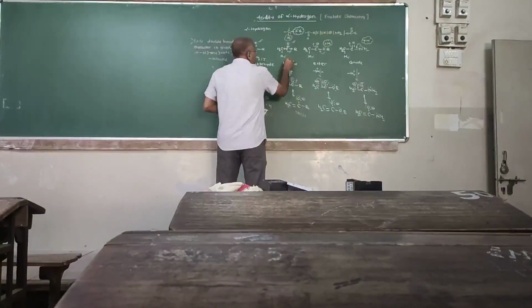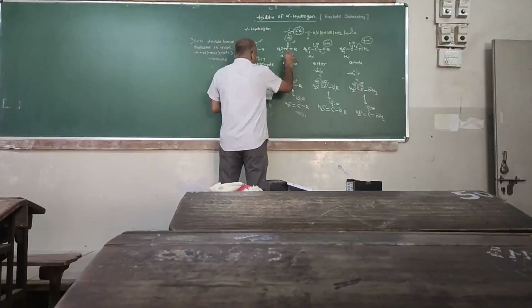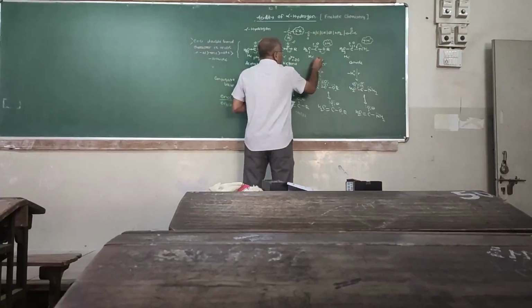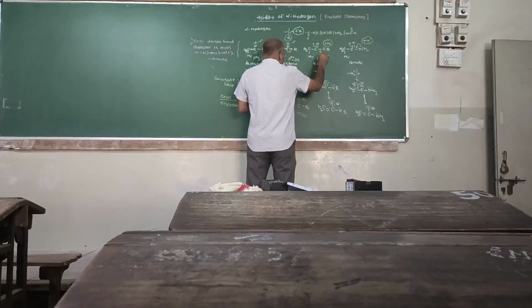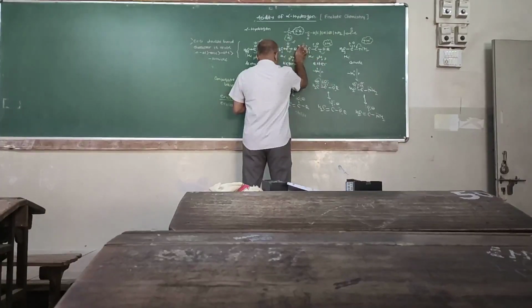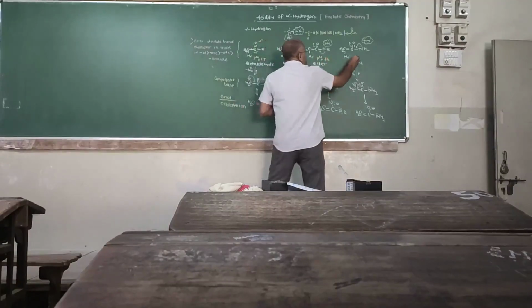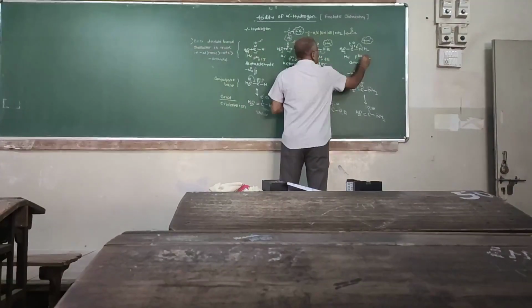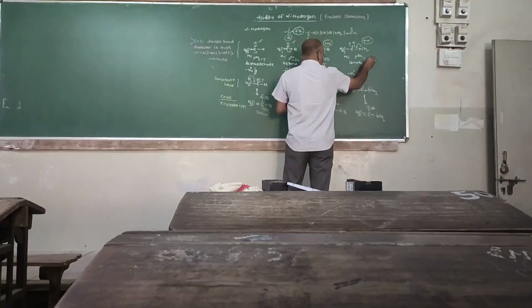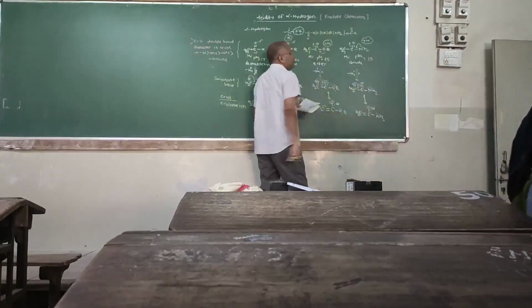This is 17. pK value for this alpha hydrogen in the case of ketone is 20. In the case of ester, I'm writing as, yeah, it is 20. Then this is 25, and then this is the pKa is something of amide is 50.